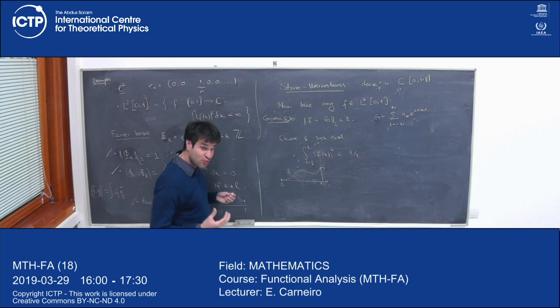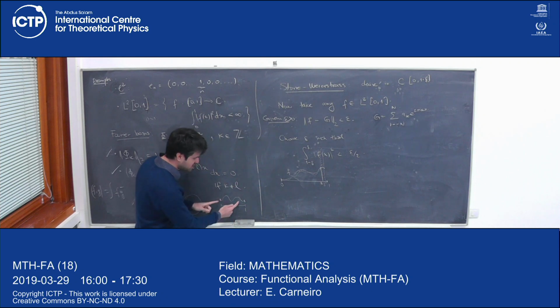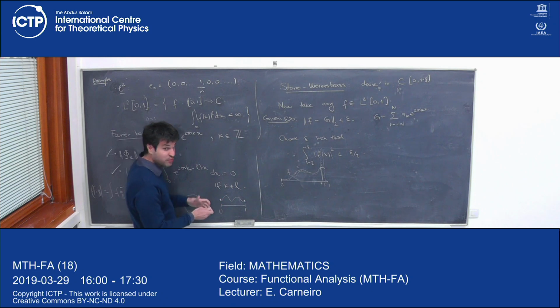So what we have to do, actually, is to start with the function in L2 and approximate it well in the L2 norm with a continuous function that has the same value at the endpoints, for example, 0. But it seems to me that this is reasonable, right?